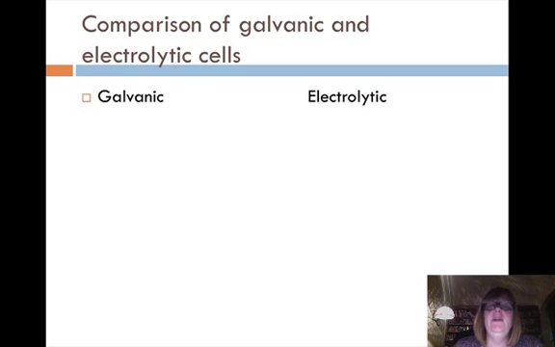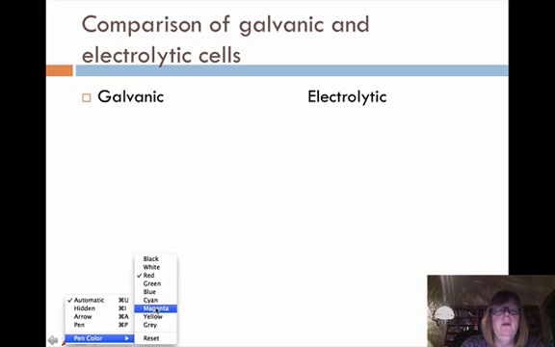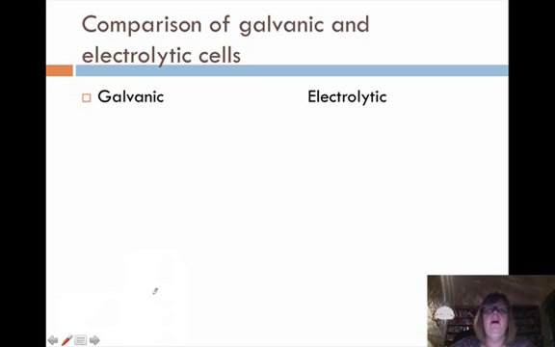Let's go ahead and do a comparison between a galvanic and an electrolytic cell. So what did we learn about the galvanic cell? Well, first of all, we learned that in a galvanic cell, the reaction was spontaneous. And so we know that something is spontaneous when delta G is negative.